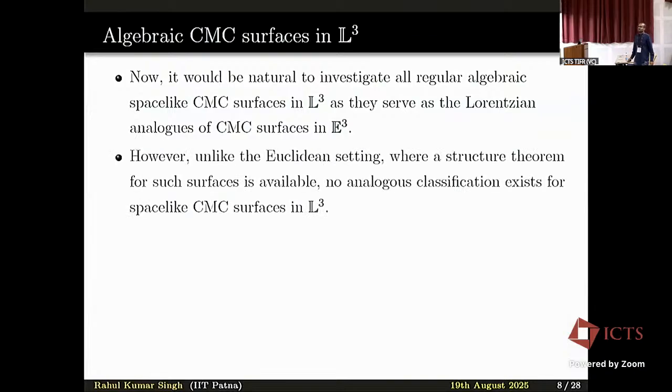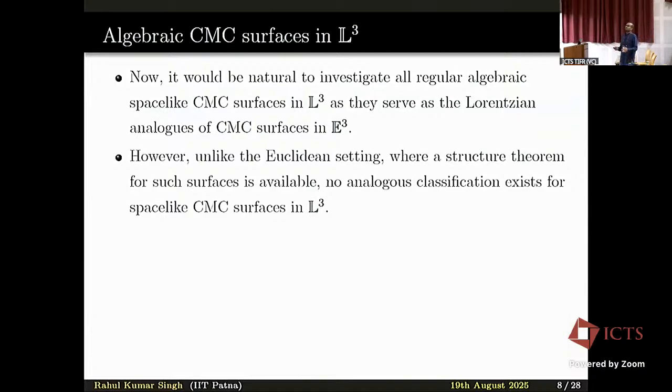But as it turns out, this is not very easy at the moment, because unlike the Euclidean setting, where there was a structure theorem for such surfaces that one could apply to prove their result, at least I'm not aware of such a result.